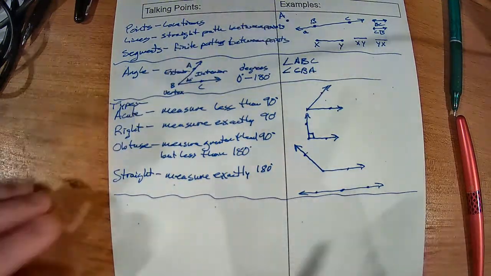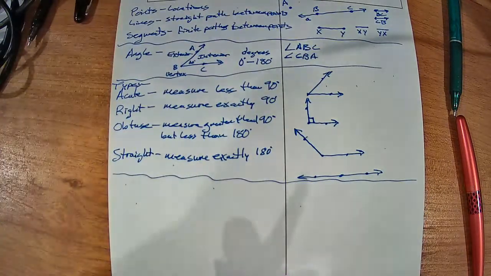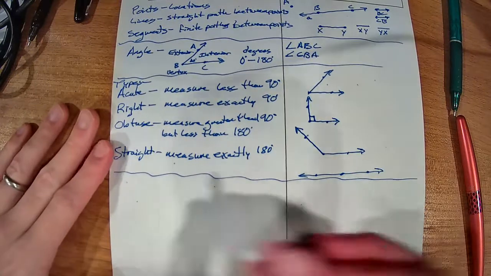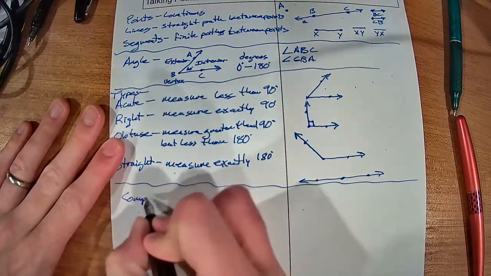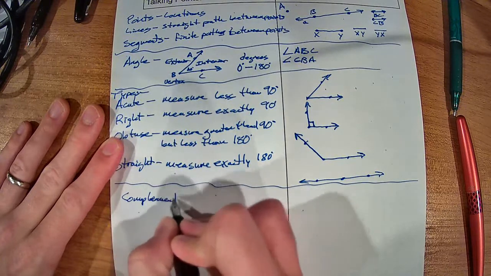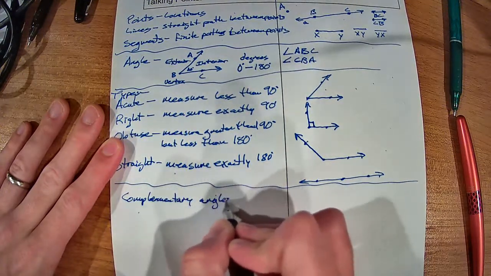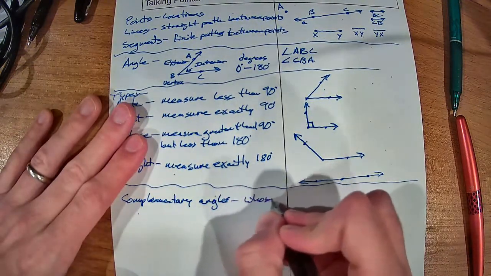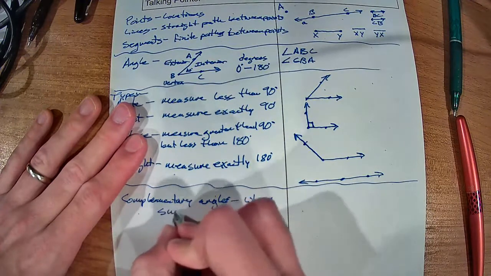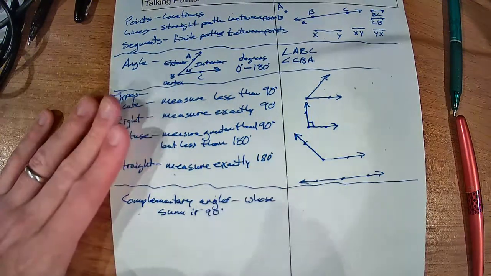Let's talk about what we can do with some of these angles, some of the relationships that exist there. Let's see here. One of them that you should know or be familiar with are complementary angles. All right. These are angles whose sum is 90 degrees.